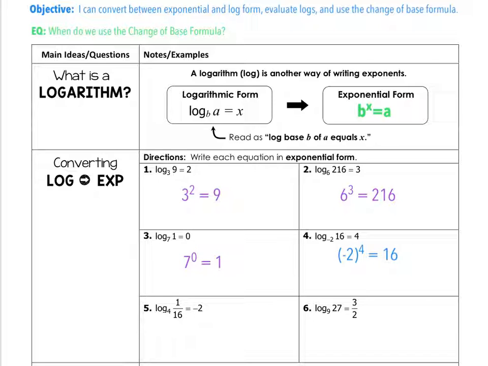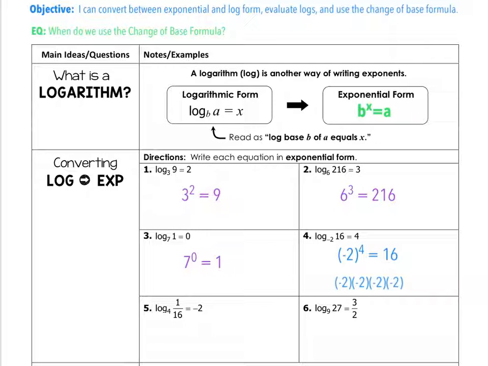Hopefully you were able to write negative 2 to the 4th equals 16. However, I'm going to guess some of you did not think to put it in parentheses, because it's the value negative 2 being raised to the 4th power. It is not just negative and then 2 to the 4th. Let's look at why this is true.